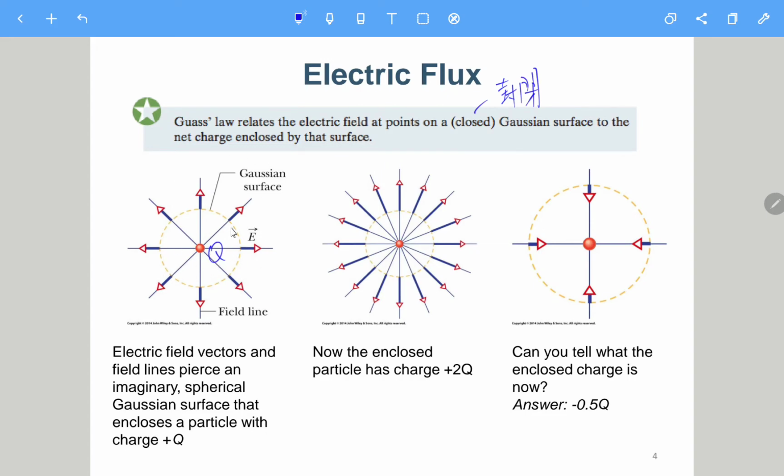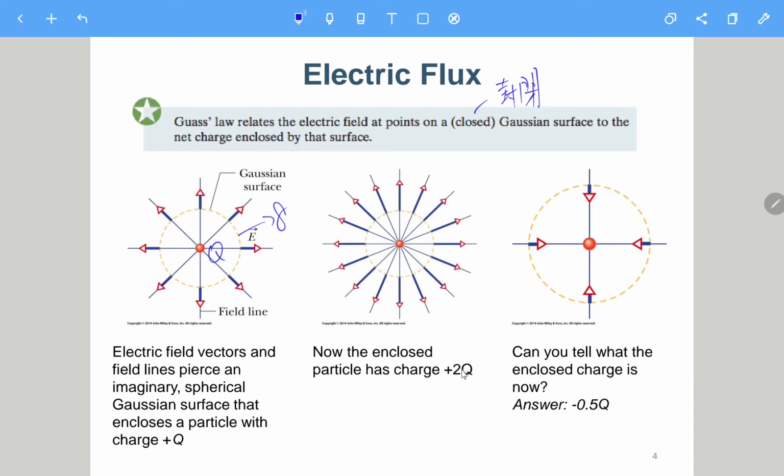Of course, this is just a 2D picture, so it's a circle, but actually it should be a sphere. Now if we have a charge Q, we can count 1, 2, 3, 4, 5, 6, 7, 8, totally 8 arrows going through this circle. So we count 8 electric field lines.